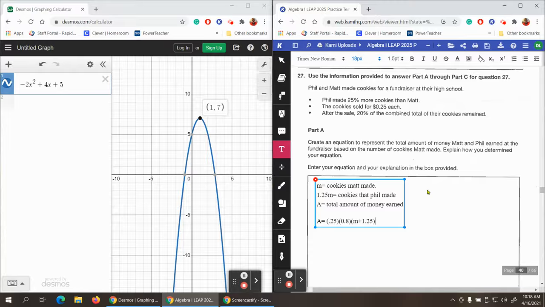It says enter your equation. Well, there's our equation. Now explain your equation. All right, so I have to explain my equation. Basically, each cookie cost a quarter, and they sold 80%, which is 0.80.